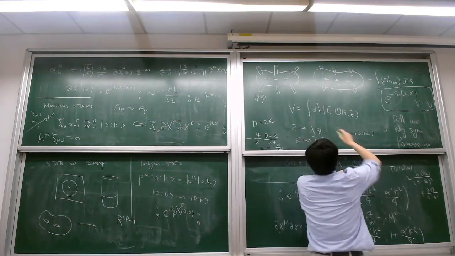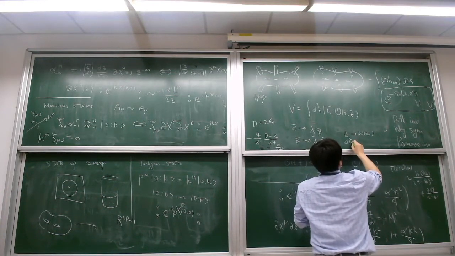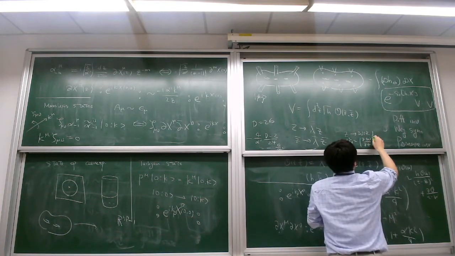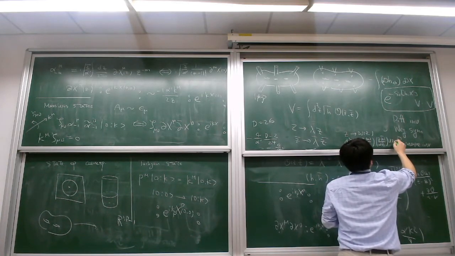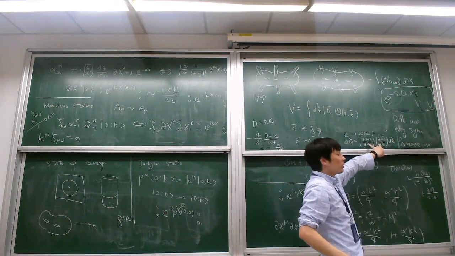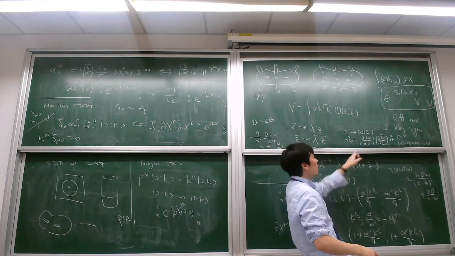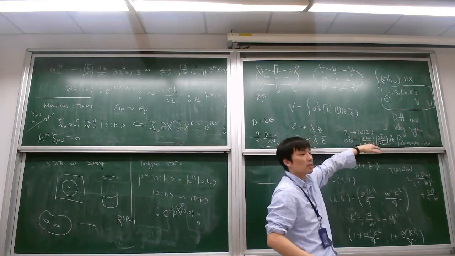But in this case, the measure is transformed, so dw is transformed by the partial dw over dz squared, right? And this should be cancelled by the transformation for the primary. If this is not primary, then extra factors show up, so it cannot cancel. So it should be primary.